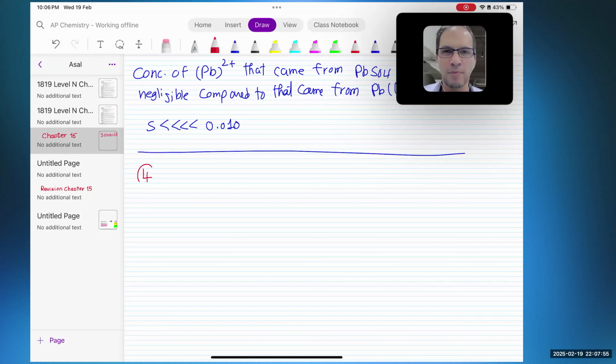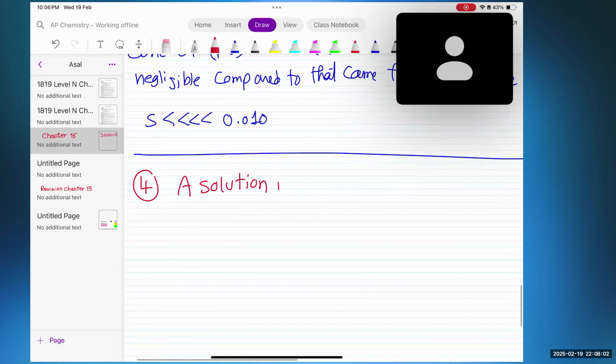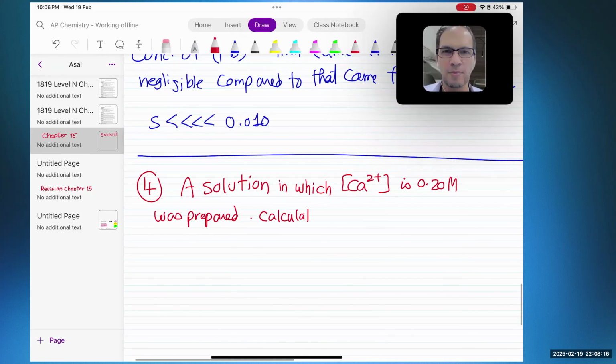So I have a solution in which calcium ions, which is calcium 2 plus, is 0.20 molar was prepared. This is a good solution with strong high concentration. Calculate the minimum pH. Minimum pH is related to H plus concentration.